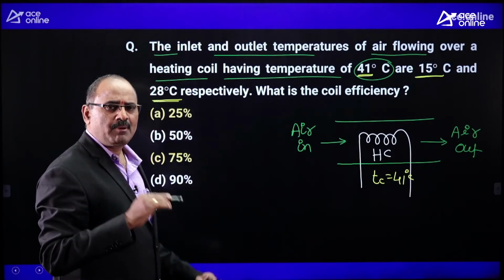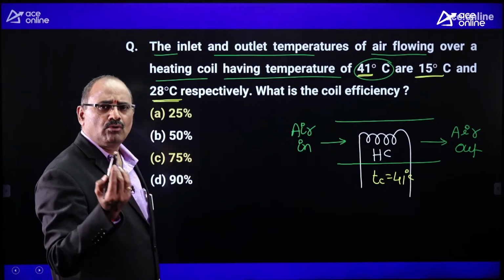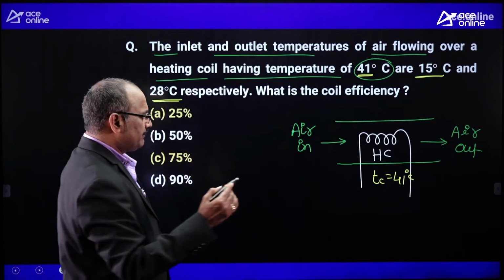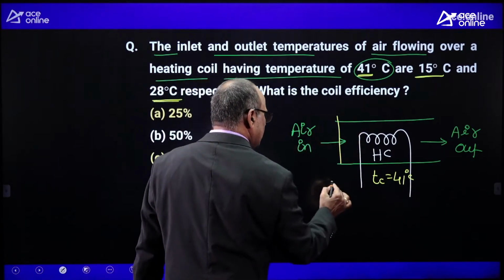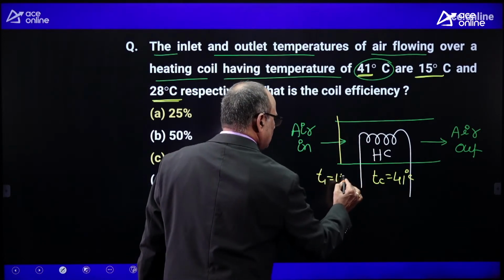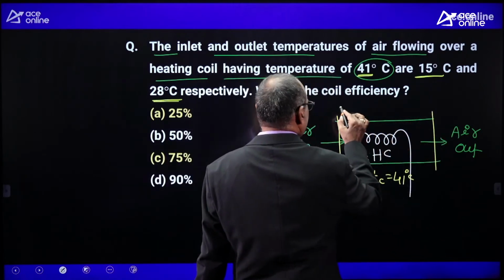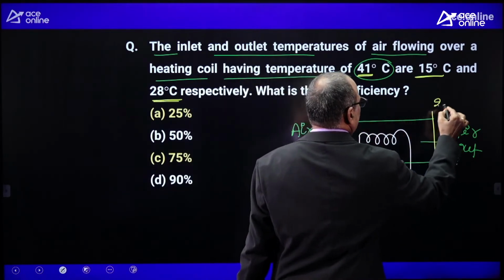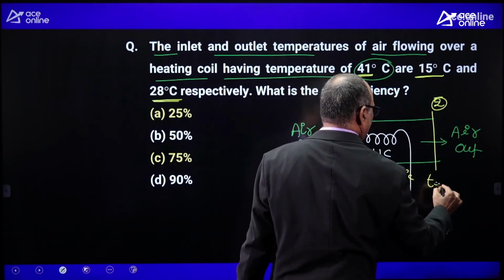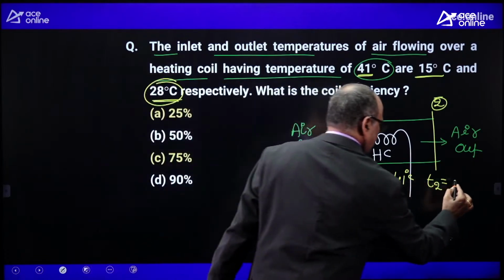Definitely, the dry bulb temperature of the air increases while it flows over the heating coil. The dry bulb temperature at the entrance, state 1, is 15 degrees centigrade, and at the outlet, state 2, it is 28 degrees centigrade.